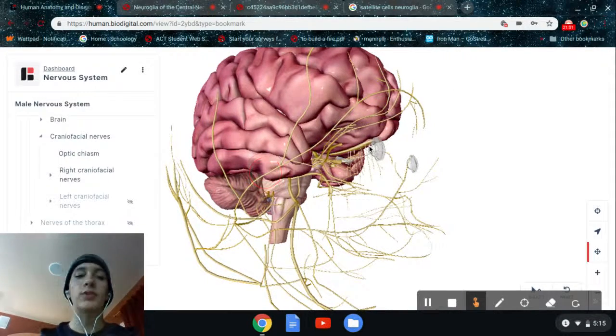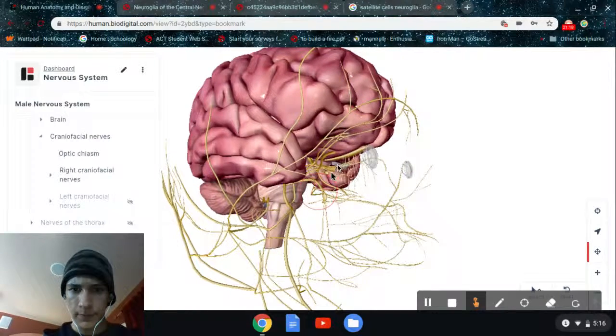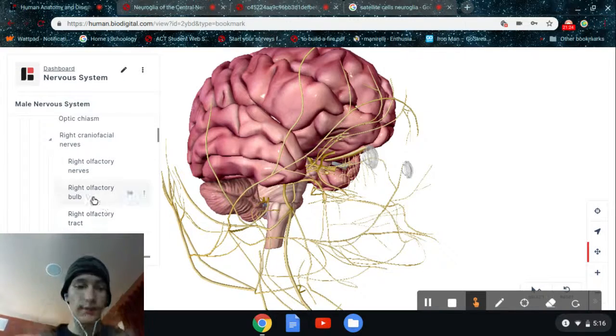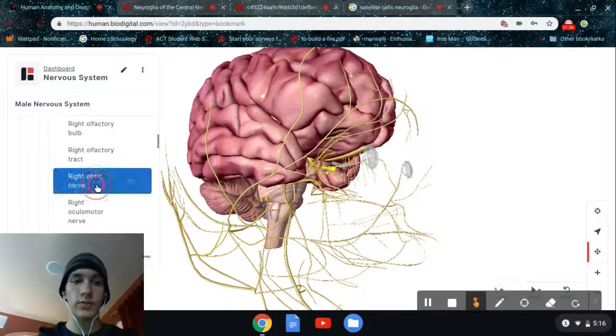That's called your olfactory bulb and your olfactory nerves. Then you have the optic nerve, which goes right here. See this nerve? This is called your optic nerve. See, it's all highlighted. You have two of them, obviously, one for each eye. You also have two olfactory bulbs, one for each nostril.